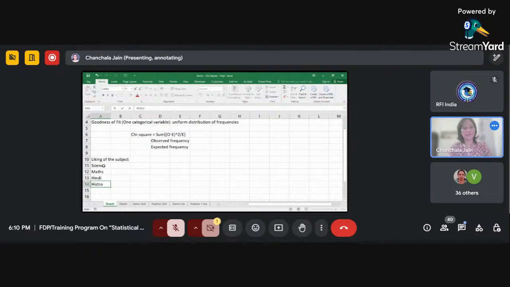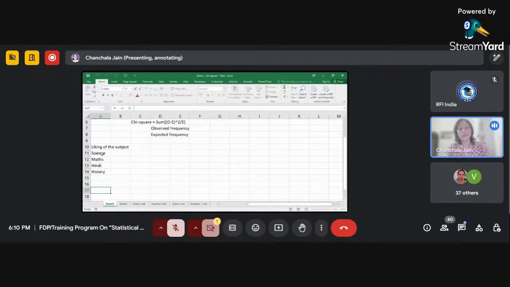These are the subjects I have given as choices, and I'm asking people to give their choice. These are the choices we have given to the people, asking which subject you like most, right?